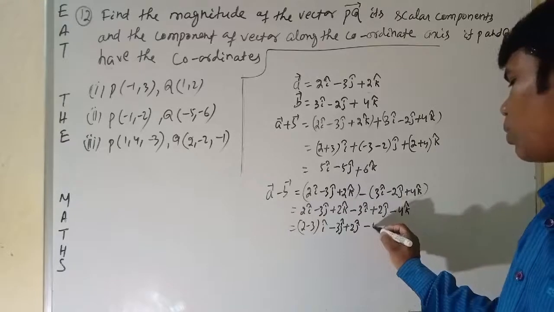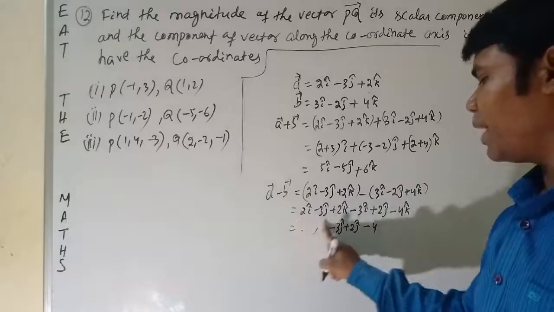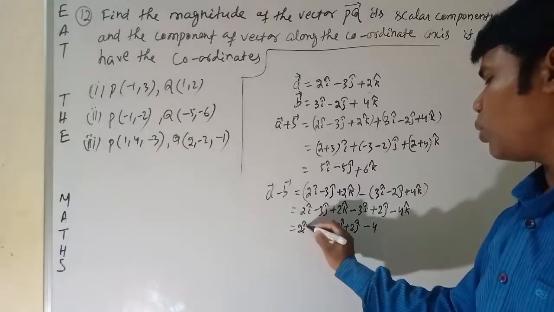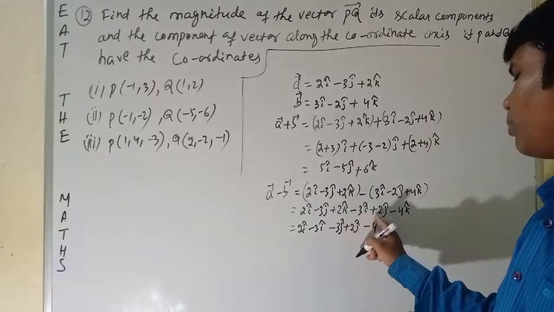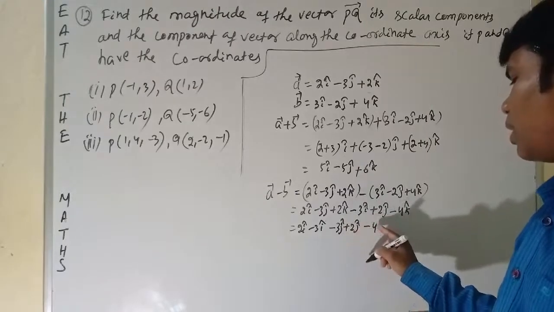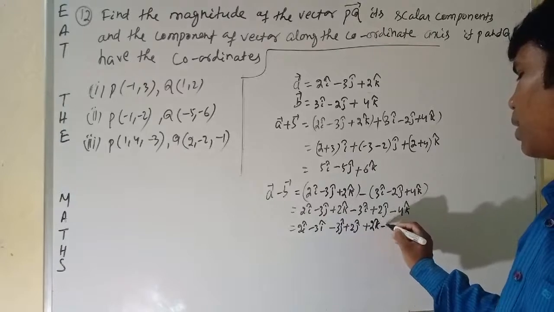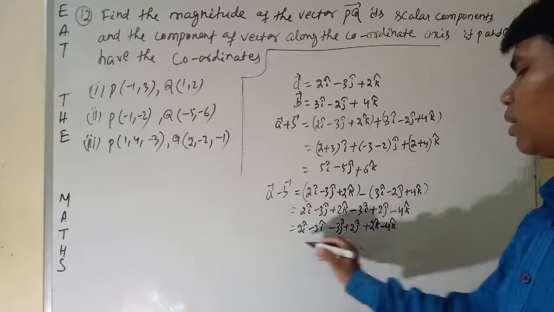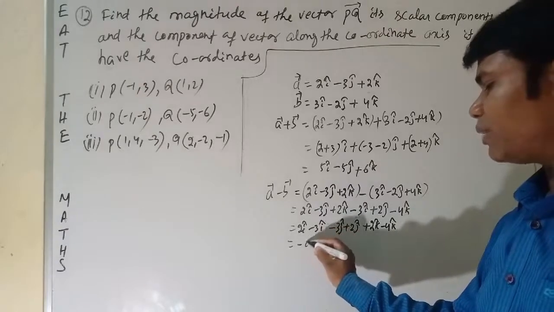Minus 4 k cap. You write here 2 i cap minus 3 i cap, minus 3 j cap plus 2 j cap, plus 2 k cap minus 4 k cap. 2 i cap minus 3 i cap is minus i cap.